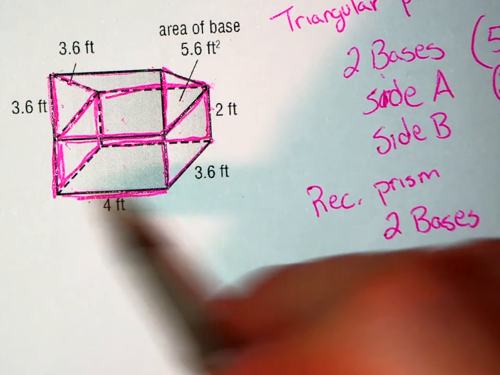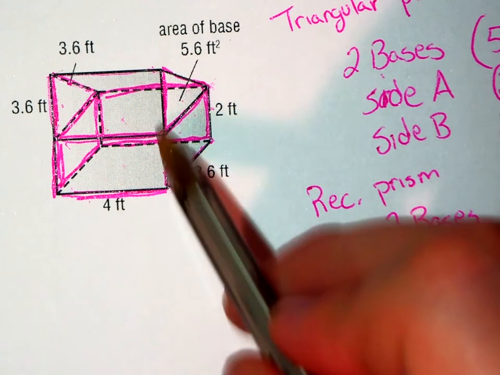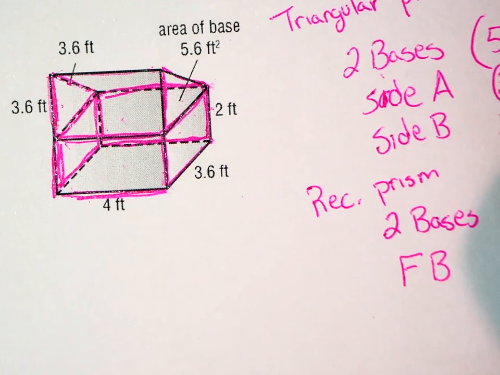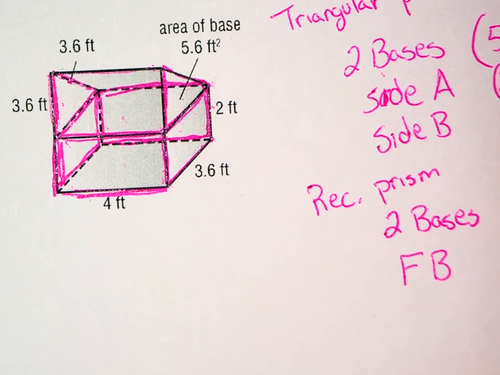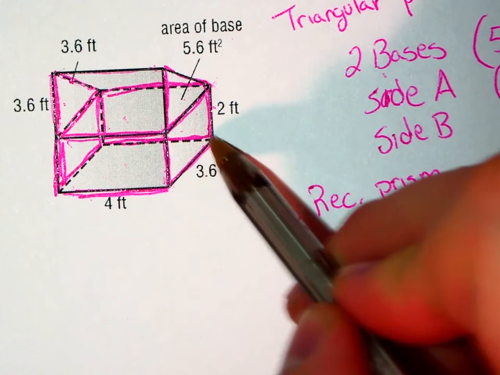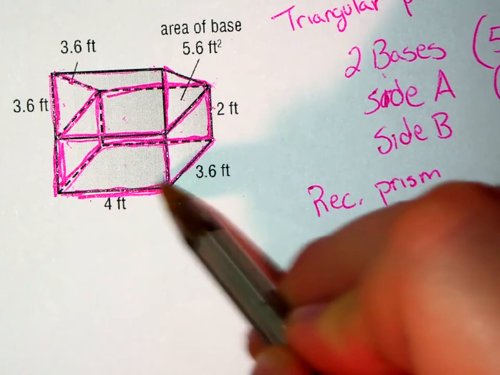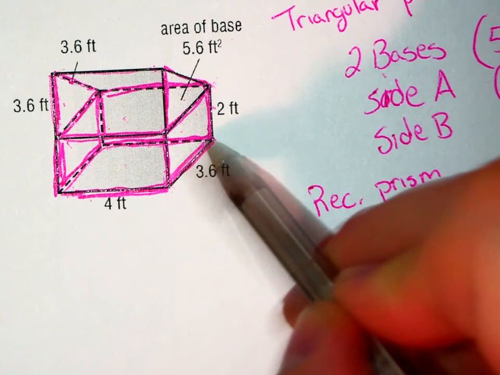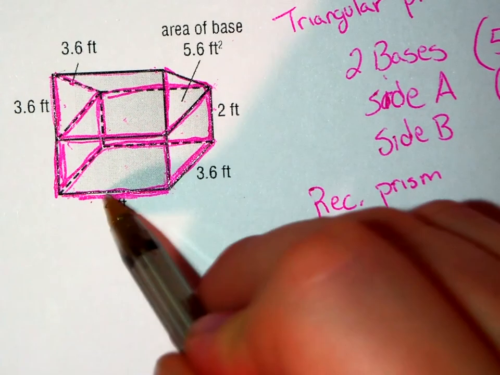And my front is 4 feet long and 2 feet high. And my front is the same as the back, so times 2. And then the last thing I need to figure out is the bottom of this image. So we see that as 3.6 times 4.